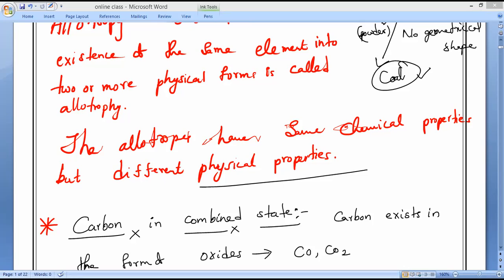So unlike other non-metals, graphite behaves like a metal in conducting electricity, because each carbon combines with what? Each carbon combines with 3 carbons. So there is one free electron in each carbon, so it acts as a good conductor of electricity, which we already studied in the previous class.